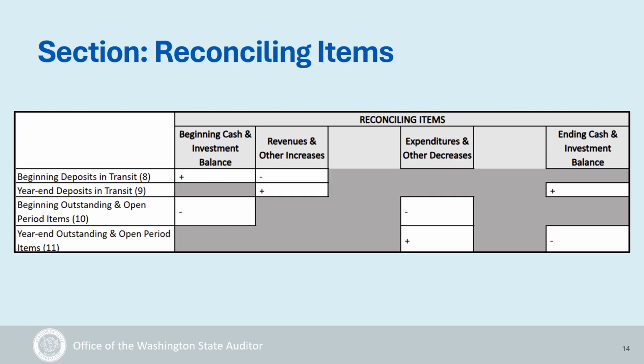Moving to look at the other two displayed, the beginning outstanding and open period items and year-end outstanding and open period items. These transactions are expenditures that the government has recorded as expenditures in the general ledger that have not yet cleared the bank. These balances should have the following effect on the reconciliation as a result.